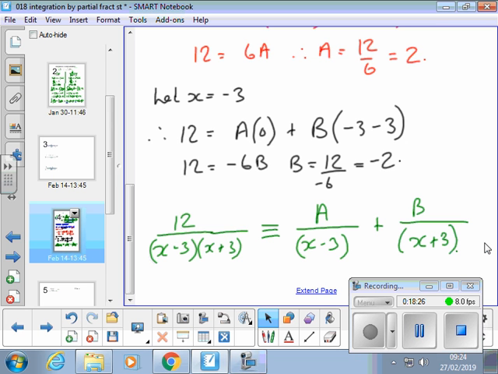So what we can do now, guys, is say that that is equivalent to 2 over that term minus 2 over that term, and now you can integrate that because you've got two separate fractions.